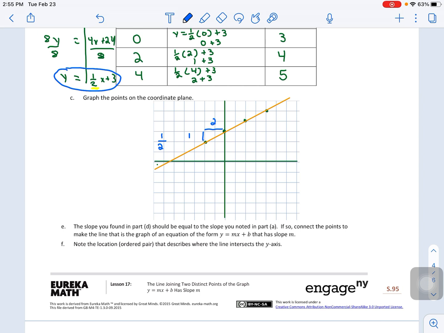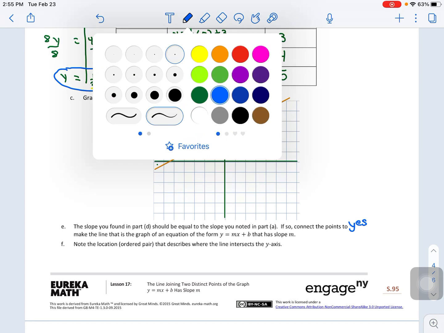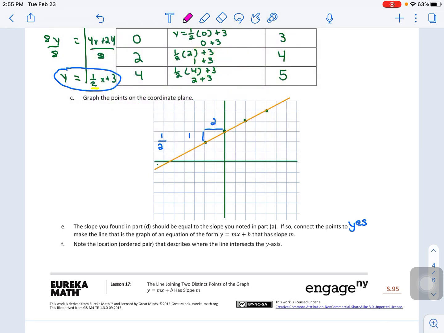And so half plus 3, we said half was the slope. Yes, it is the same. And then it wants us to note the location on the y. So what dot is on the y? Pick a different color. And that is this dot right here, which is 1, 2 at the 3. So that is the answer for that.